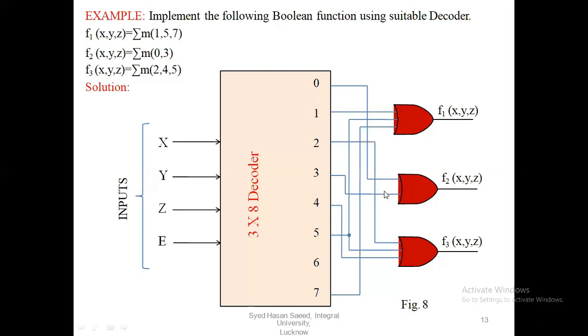And the next one, F2: 0 and 3. Next one, F3: 2, 4, 5. This way we have to construct the decoders.